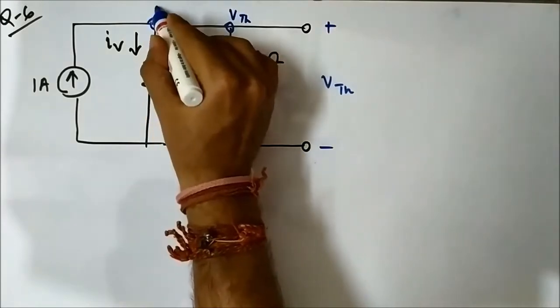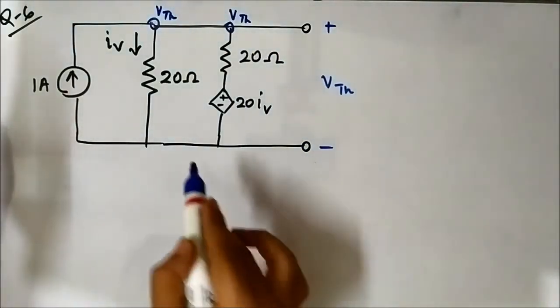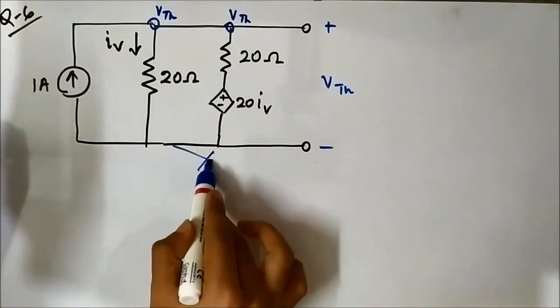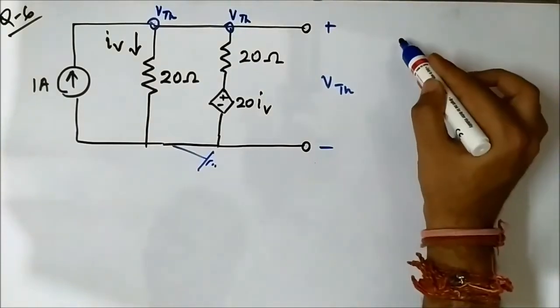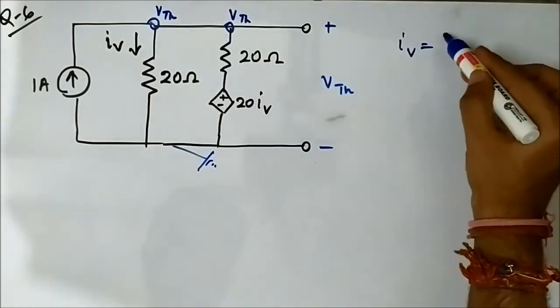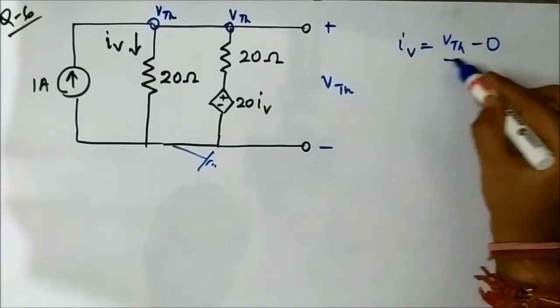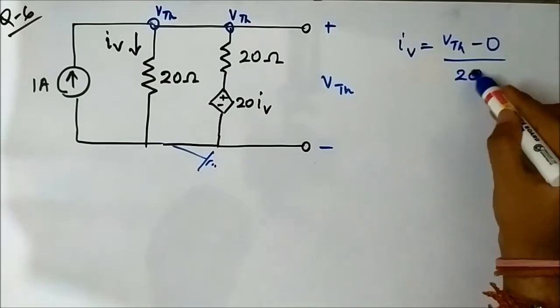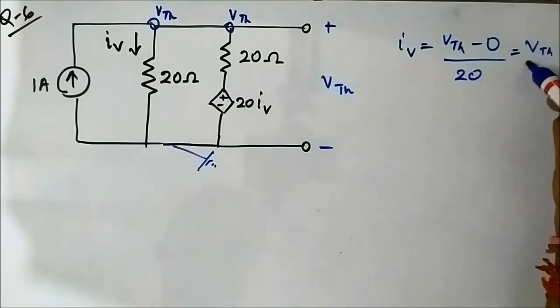So here also it will be VTH, the node voltage. Let us connect the ground here. This IV value is equal to VTH minus ground potential by 20 ohm, which is equal to VTH by 20.